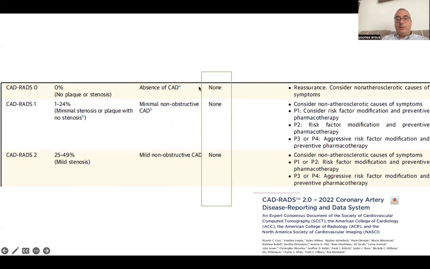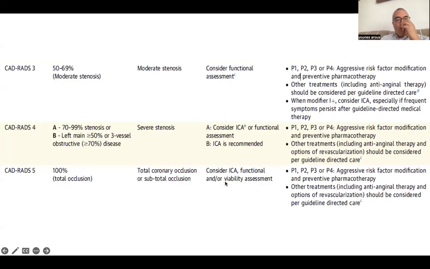And for stable chest pain, stable angina, for CADRATS 0, 1, and 2, there is no specific management. For CADRATS 3, the cardiologist should consider functional assessment. For CADRATS 4, the cardiologist should consider coronarography or functional assessment.